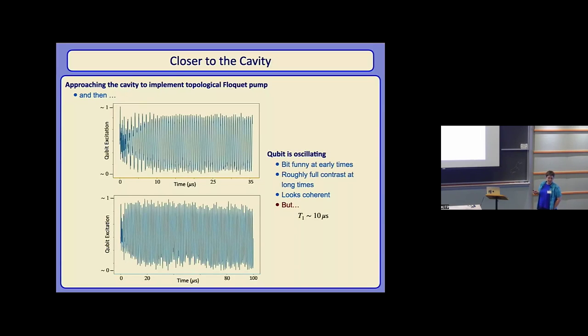So how on earth are we getting a clean, coherent oscillation for 100 microseconds out of a qubit that lives for 10 microseconds? And that's what I'm going to explain to you in the rest of my talk, that this is the interplay between the Floquet drive and the cavity that we have. And so I'll explain how this works and try to convince you that this is actually a relatively generic phenomenon that can happen in Floquet systems.